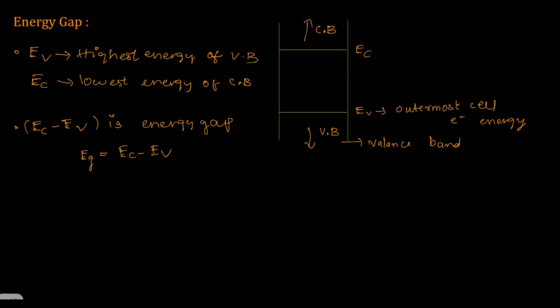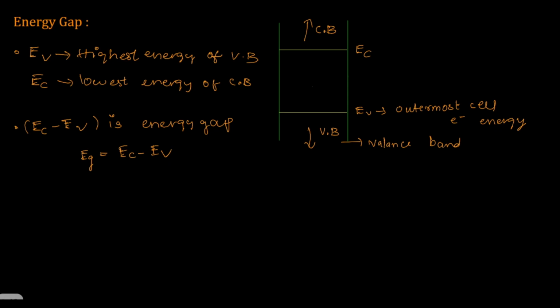I have already said that there will be no electrons present in this gap. After breaking this covalent bond, my electron may stay at this E2 level, and at that time also my electron is free. But understand clearly that there is no energy state for an electron to stay here.